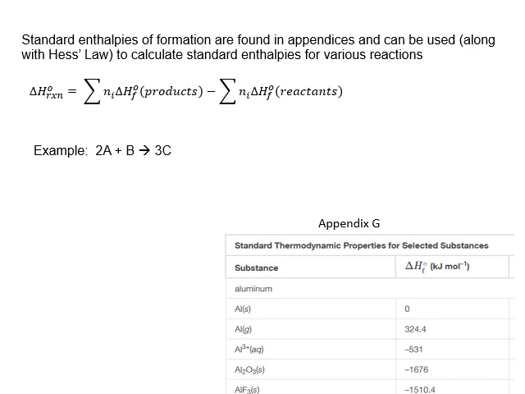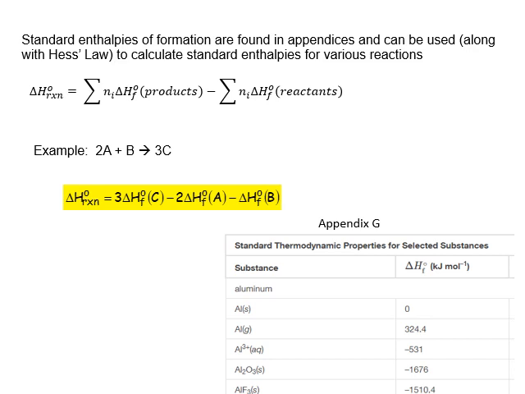For example, for the reaction of 2A plus B goes to 3C, the standard enthalpy for that reaction would be 3 times the standard enthalpy of formation of C minus 2 times the standard enthalpy of formation of A minus the standard enthalpy of formation of B.